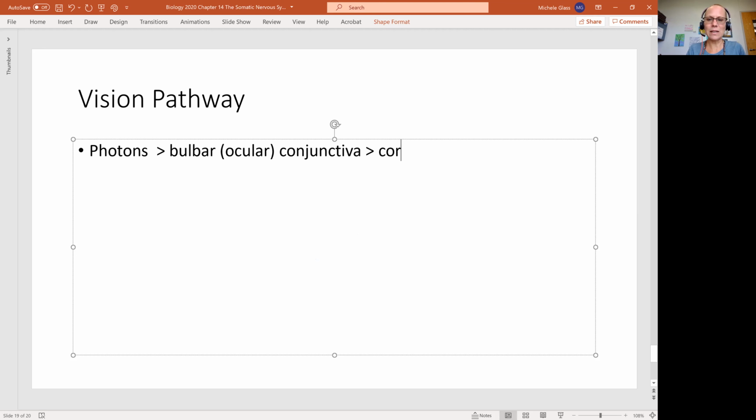From here, we see that the light will penetrate the cornea. So that's that outermost portion of the fibrous tunic that is transparent, that allows light to enter. And then we can see there's actually two types of fluid in the eye. So we have what's called the aqueous humor, which is in the front or anterior chamber of the eye.